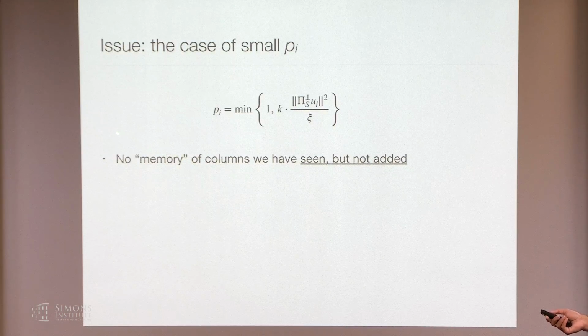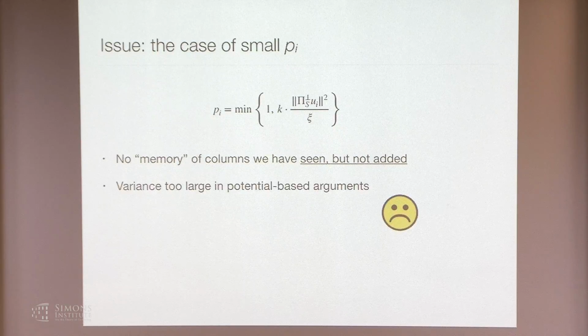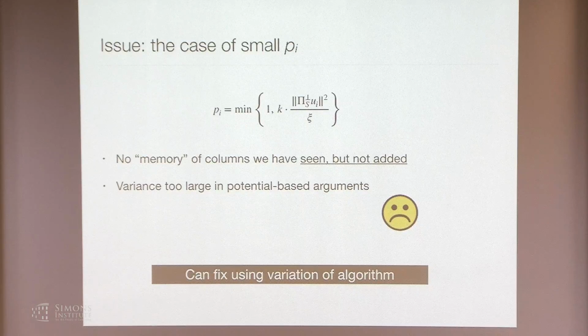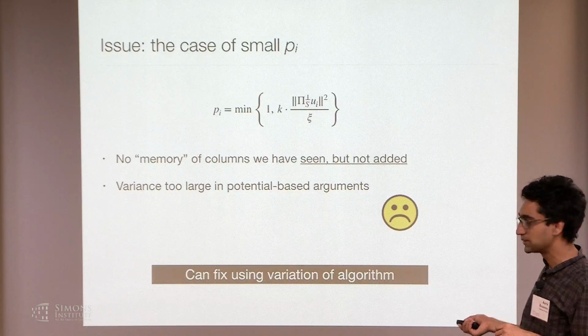If you don't sample them, you lose track of all information about these columns. So we don't see anything of them, and you can think of some potential-based analogs of what we saw before, but it turns out that they don't work either. The only fix we know is using a slight variant of this algorithm.